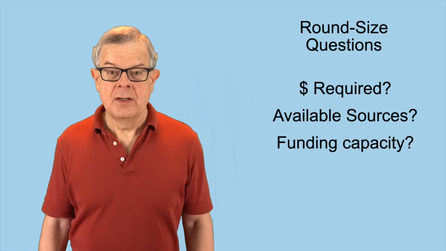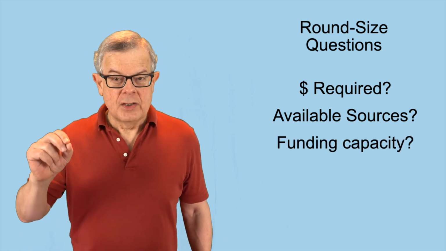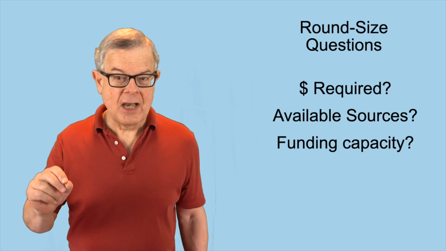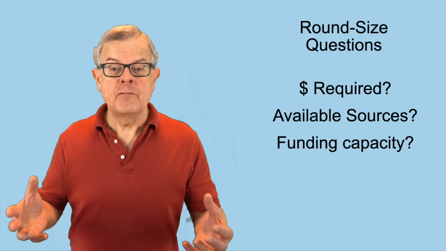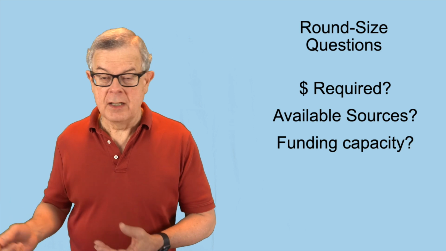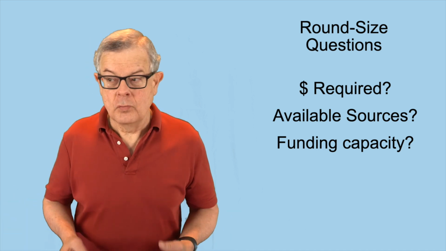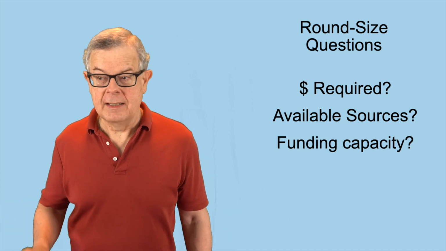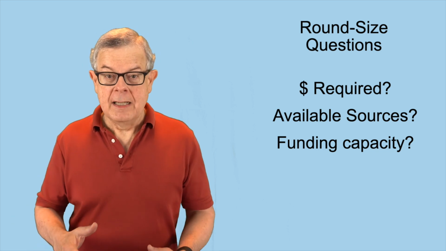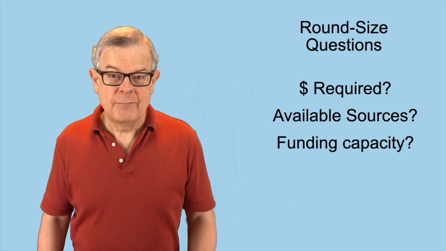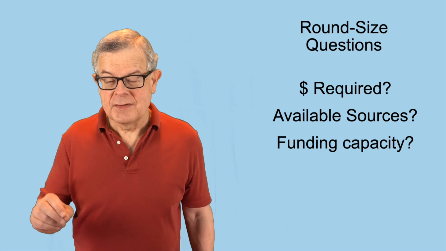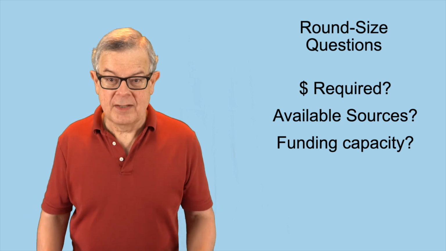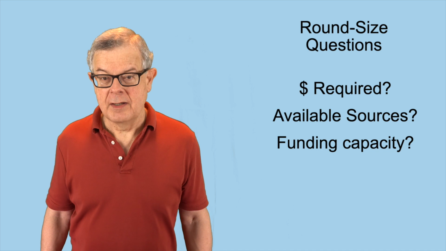Then the next question is, what's the funding capacity of those sources? Of the sources that are actually available, can they fund the amount of money you need? For example, if you figure you really need a very functional prototype and it's going to cost $1 million, now, friends and family might not be a feasible source of that because they might not have the funding capacity to write enough checks to fund $1 million.